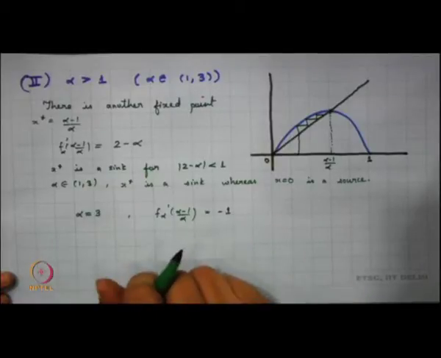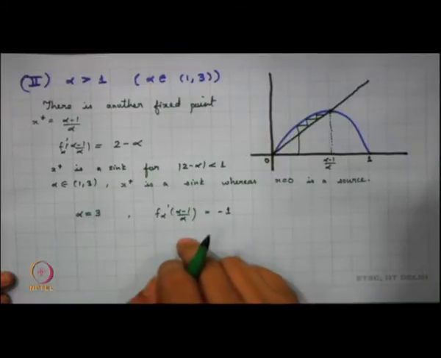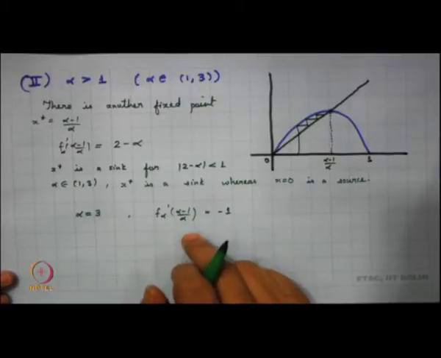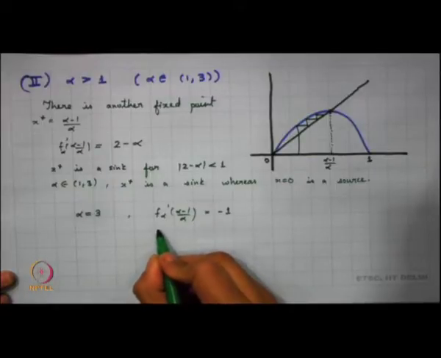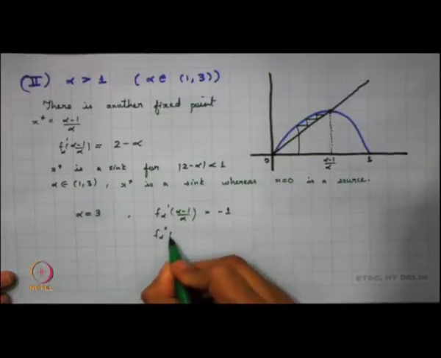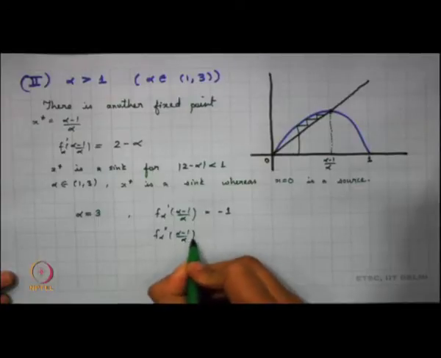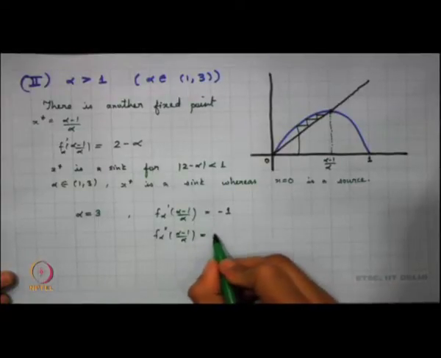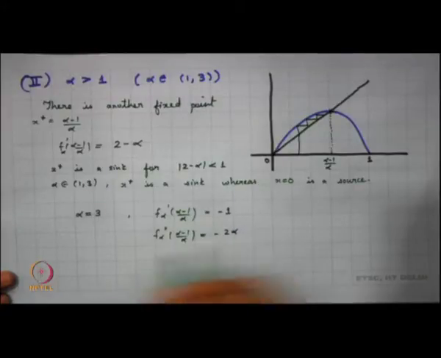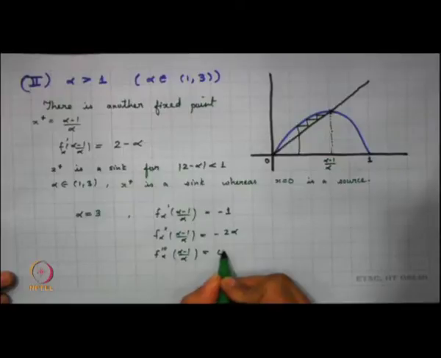Minus 1. So, this point x star is now a non-hyperbolic fixed point, and since it is non-hyperbolic, we look into what f alpha double prime at (alpha minus 1)/alpha is, which is minus 2 alpha, and f alpha triple prime at (alpha minus 1)/alpha happens to be equal to 0.